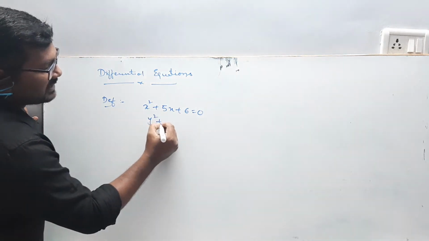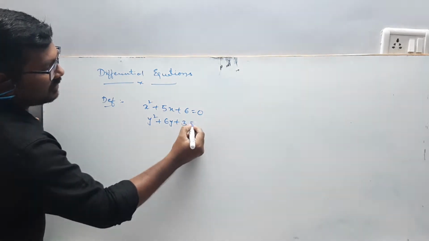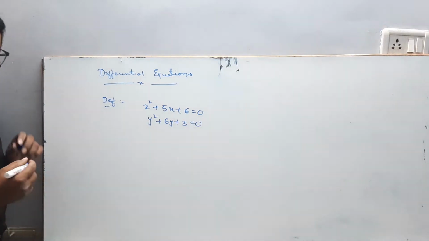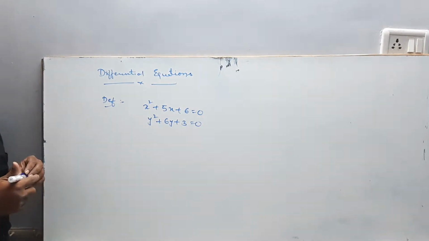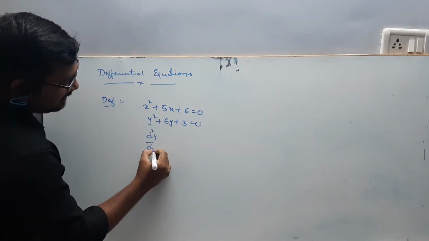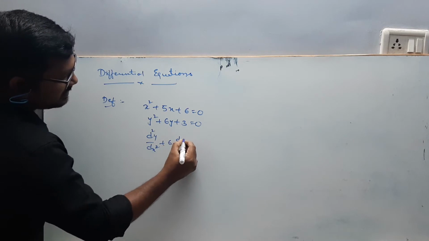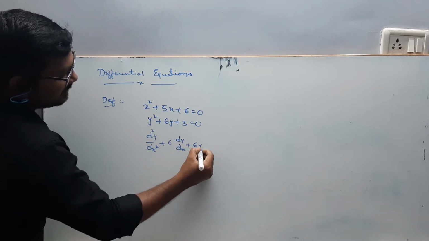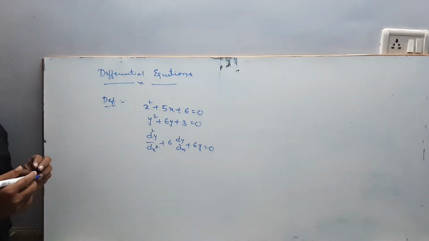In the same way, y square plus 6y plus 3 equal to 0 is an equation with y as a variable. Now when I am writing the equation d square y by dx square plus 6 into dy by dx plus 6y is equal to 0.